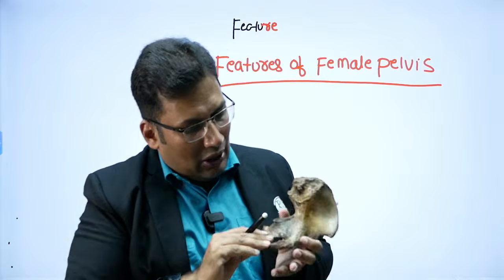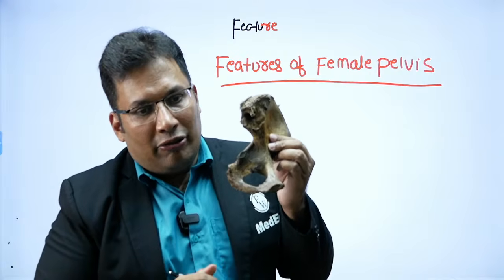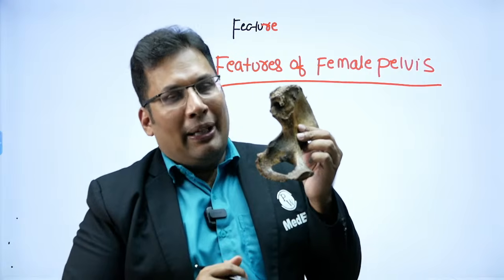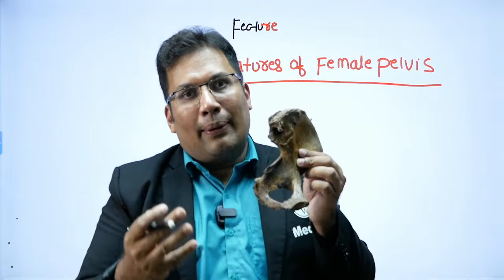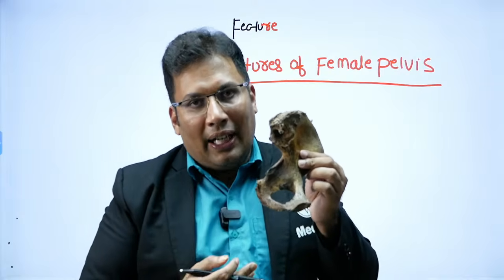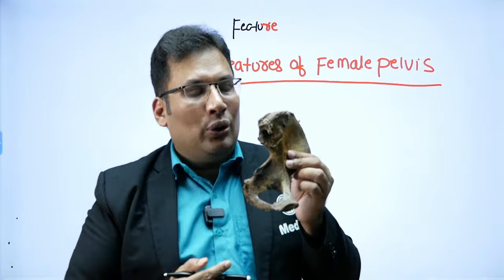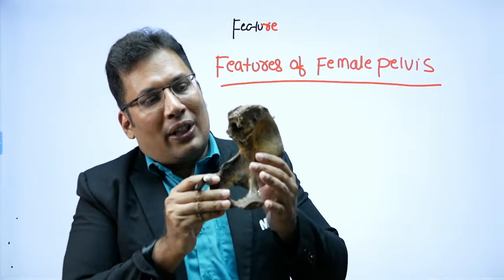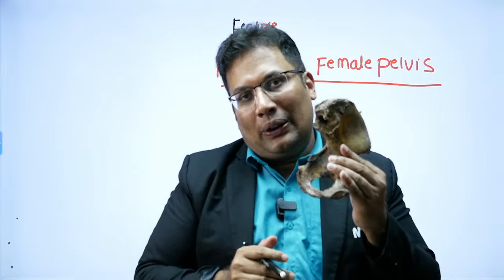So now look at this. This is basically the female hip bone. We call it the iliac bone, pubic bone, right? Basically it's the hip bone. Now let me know what are the important features of this female hip bone, one by one.